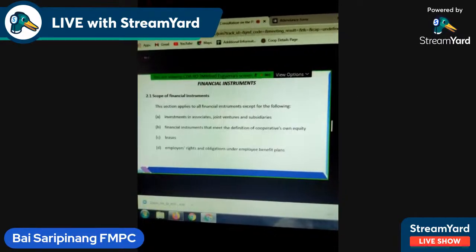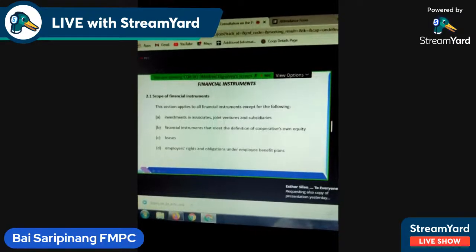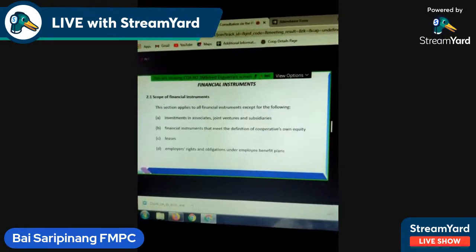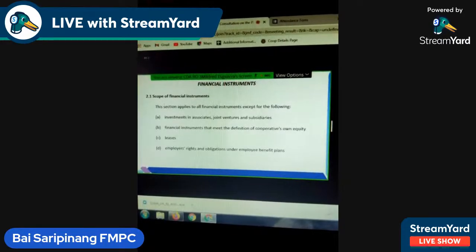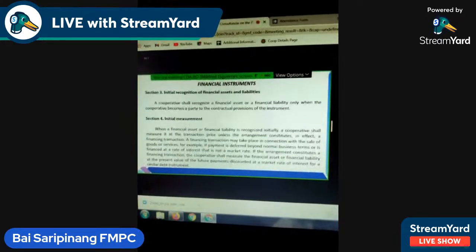Now, ang scope po ng framework na ito applies to all financial instruments except po ito sa investment in associates, joint ventures and subsidiaries, financial instruments that meet the definition of co-op's own equity, the leases, employers' rights and obligations under employee benefit fund. So, these are exclusions po sa scope natin on financial instruments.